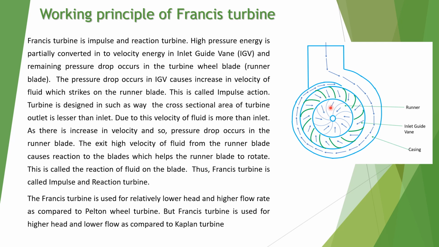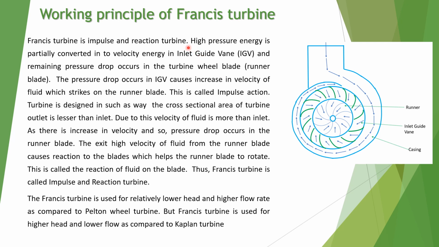Finally, water travels through the blade and comes out with higher relative velocity because of the drop in pressure, which causes a reaction on the rotor. Thus the Francis turbine is an impulse and reaction turbine.